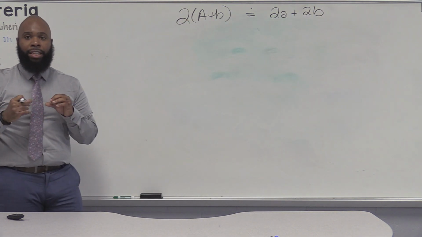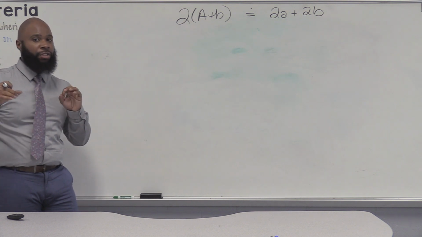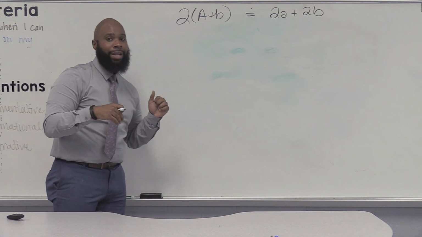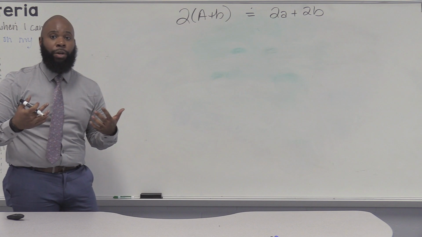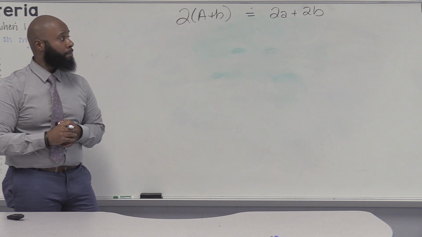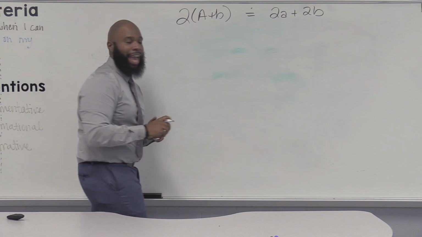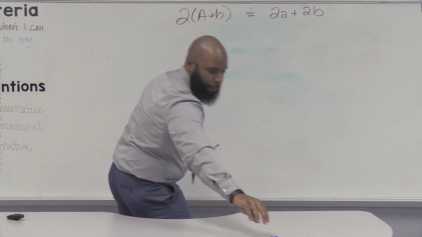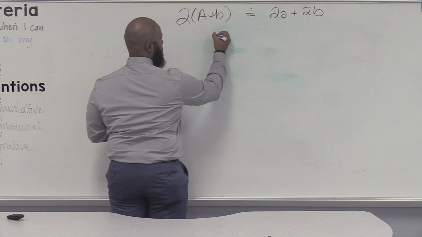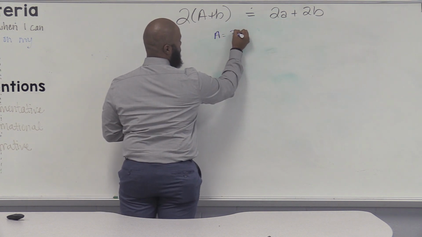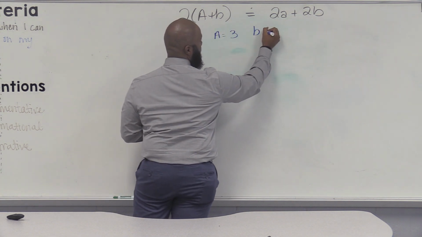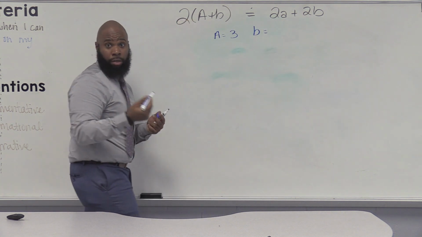So looking at this, what are some values that we can plug in to substitute A and B to see if this works? Great idea. Let's use A equals 3. So A equals 3 and B equals 4.